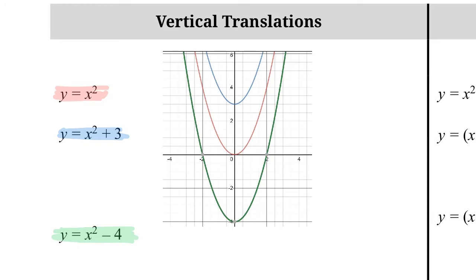So what it seems to be telling me is that anytime I add an outside value, it's either going to shift my parabola upwards if it's a positive number, like we saw in positive 3 here, where our graph shifted upwards by 3 units, or if it's a negative value, it's going to shift our graph downwards. So when we had x squared minus 4, that pushed my parabola downwards by 4 units.